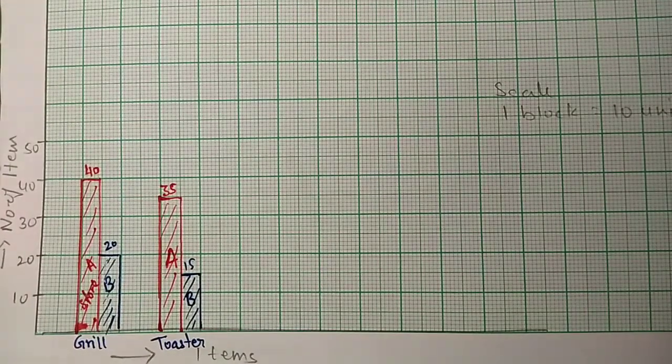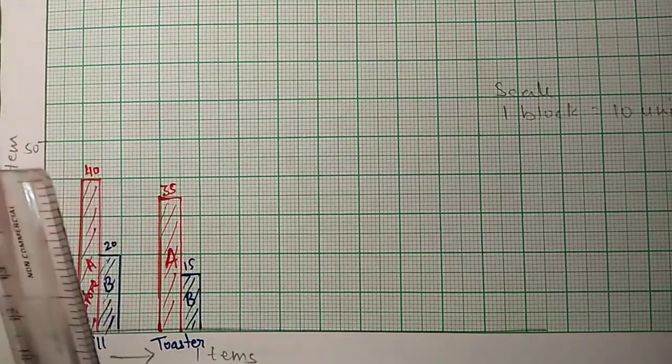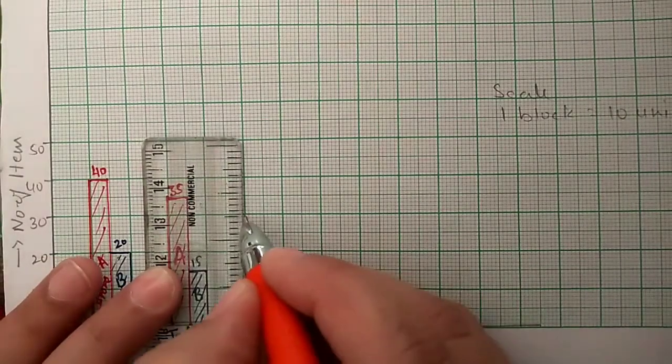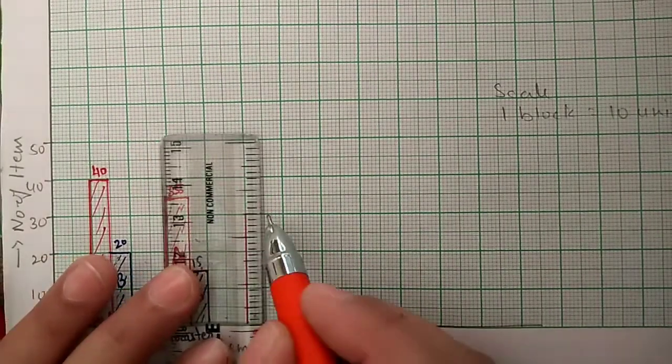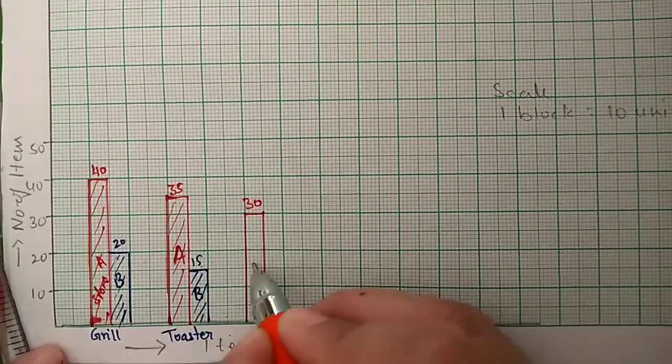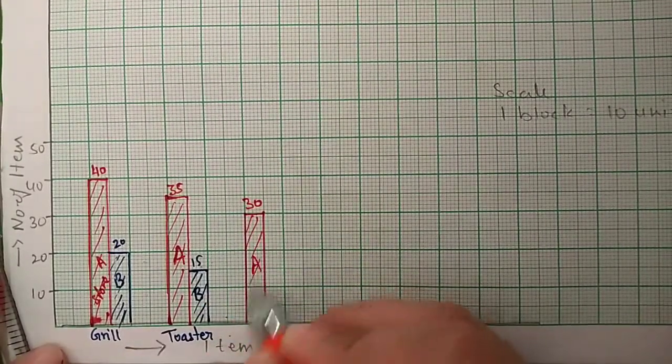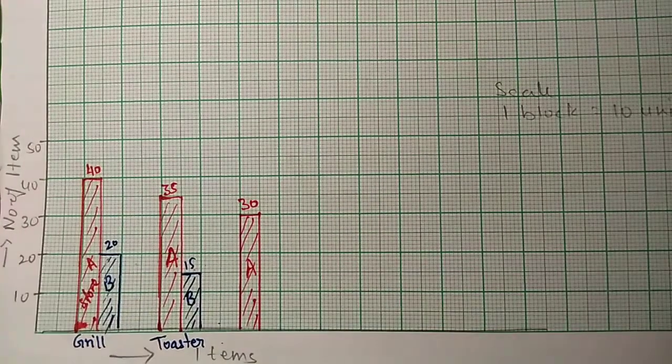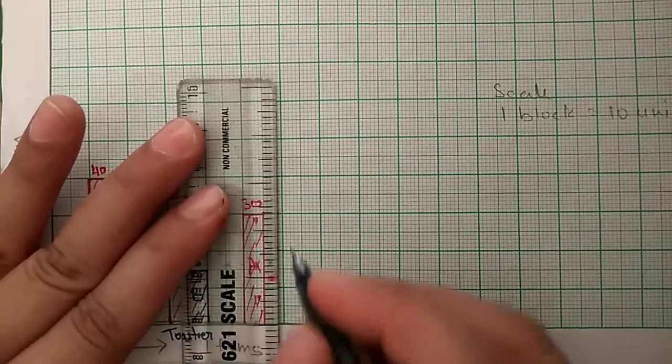Next you have to represent oven. Oven is 30. For store A it is 30, and for store B also it is 30.